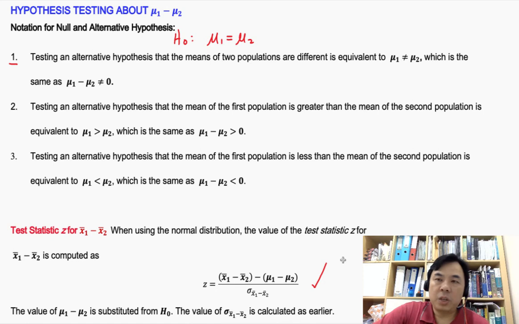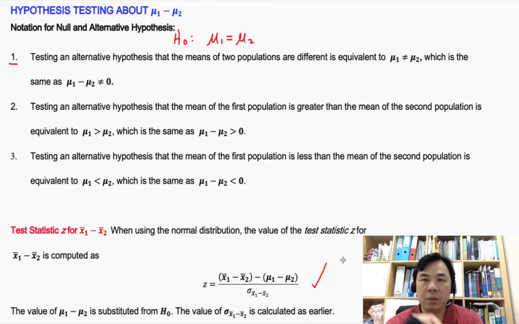And then we're going to check whether it falls within the rejection region or not. If it does, then we will have to reject our null hypothesis. If it does not, then we can say that we fail to reject, or we don't have sufficient evidence to reject, right?